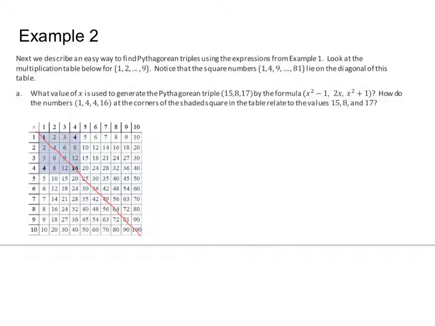What value of x is used to generate the Pythagorean triple 15, 8, and 17 by the formula x squared minus 1, 2x, and x squared plus 1? How do the numbers 1, 4, 4, and 16 at the corners of the shaded square in the table relate to the values 15, 8, and 17? So let's look at it.